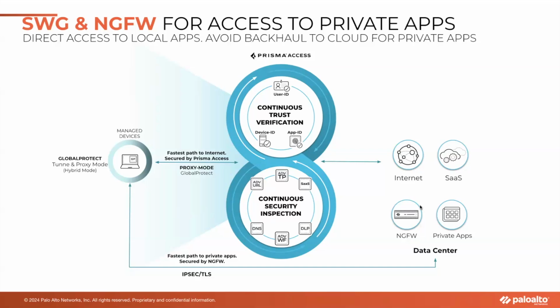That could be protected by the NGFW. And then we have the proxy mode, where all the internet-bound traffic, including the internet-hosted SaaS applications, is provided via the explicit proxy. So ZTNA 2.0 and the continuous security inspection and trust verification is provided by Prisma Access as part of this solution.